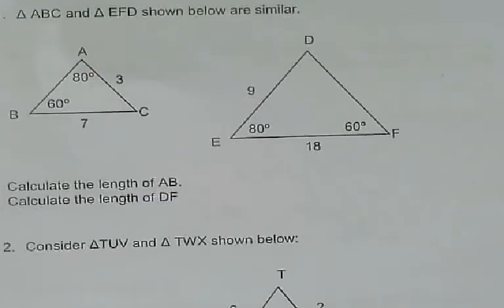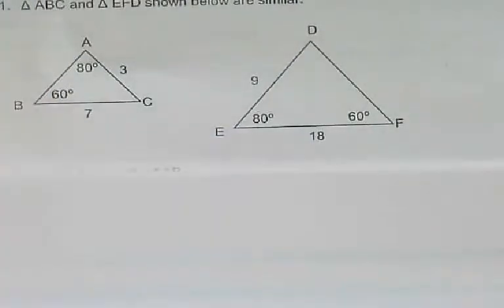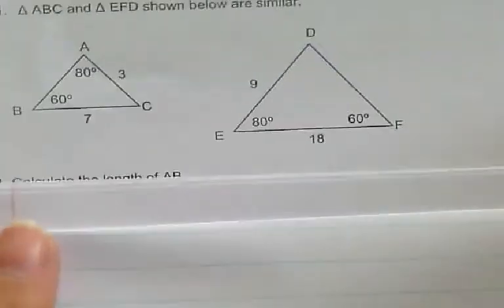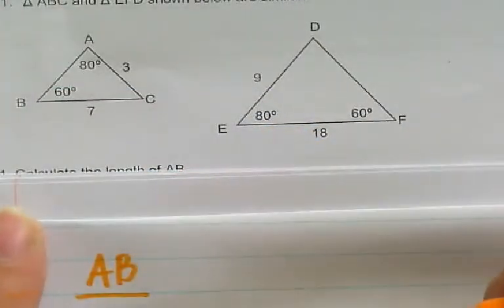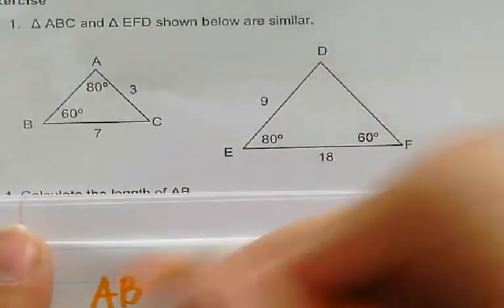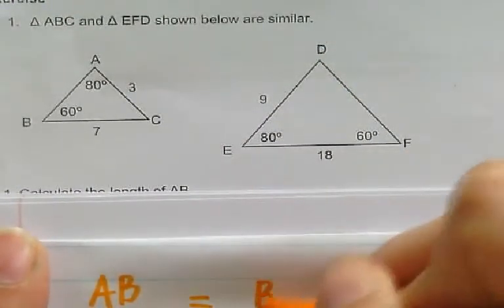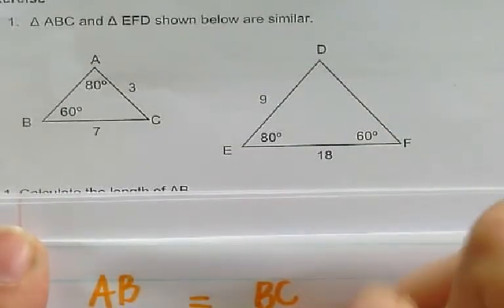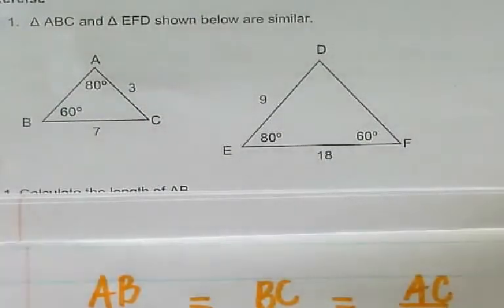So which side is going to correspond to AB? EF. And BC? And AC? DE or ED? Okay?